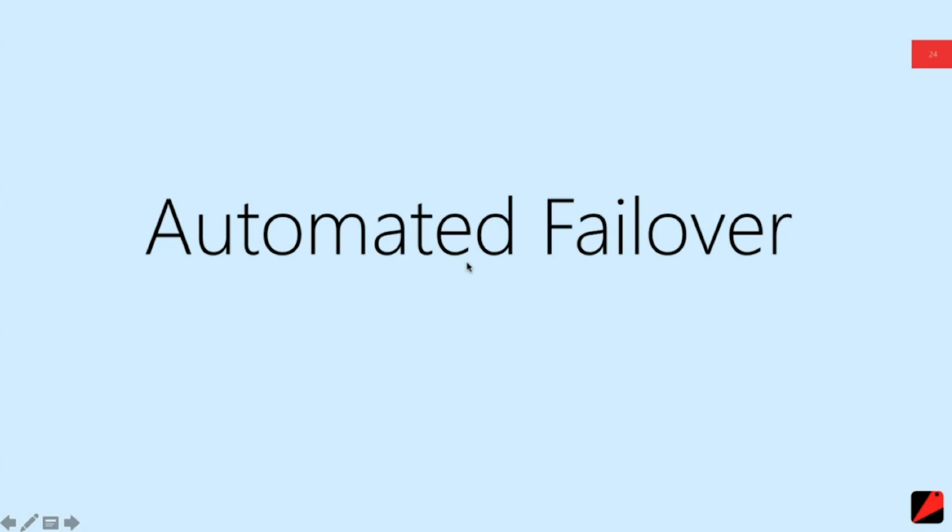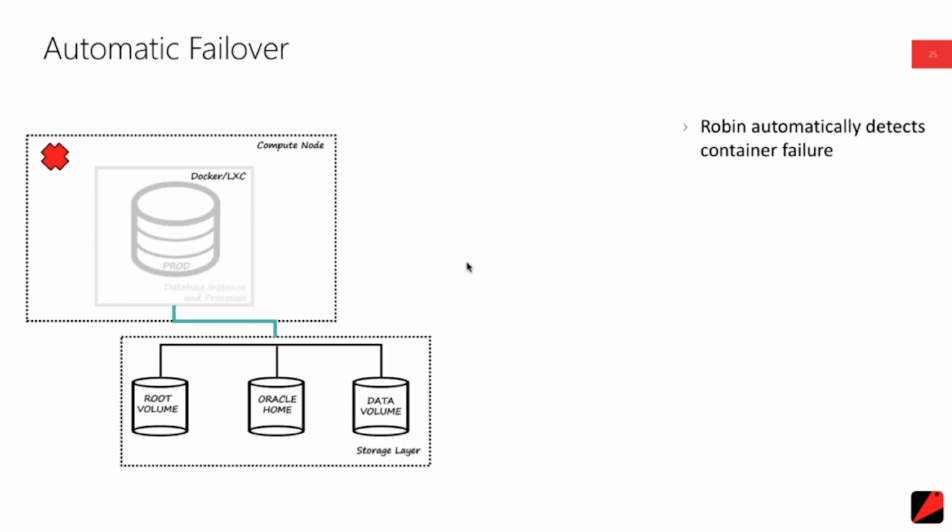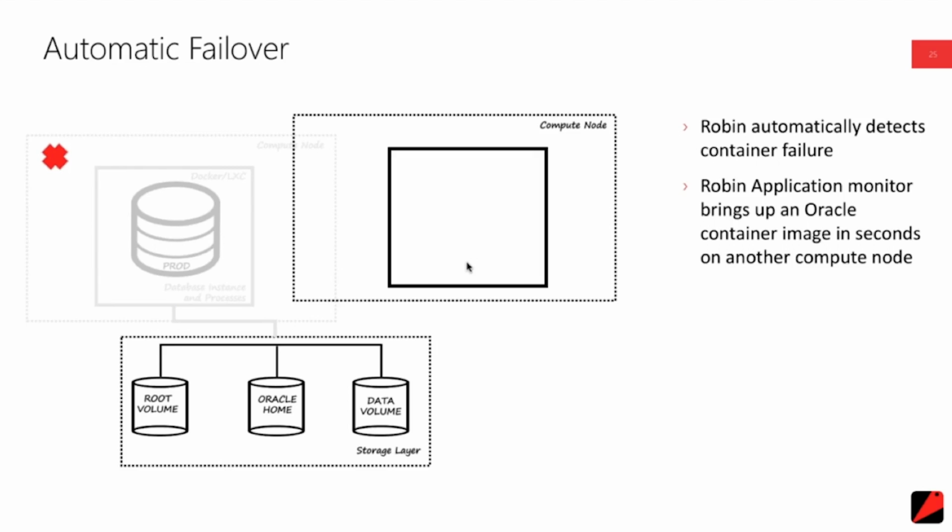So failover. So again, containerization, particularly in the Kubernetes world, provides inherent HA, right? So here specifically, we're talking about the fact that for non-RAC, for example, right, you obviously get built-in HA with RAC, but even for non-RAC, we're going to monitor the containers, the health of the pods in the cluster, and in the event that one fails for whatever reason, or if a physical node underneath that pod fails, and that pod has a desired state of being up and running at all times, Robin is going to take care of automatically relocating that pod, starting it back up on a healthy, surviving node in the cluster, right?